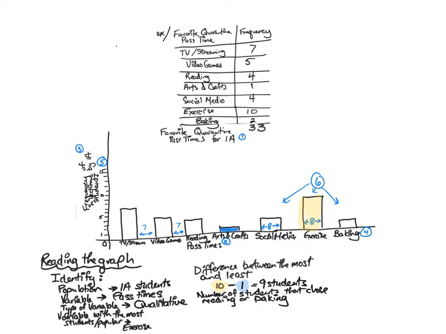I have reading here, and I have baking here. So I add them together. My reading was 4, my baking was 2, based on my columns. And so the amount of students together would be 6 students.